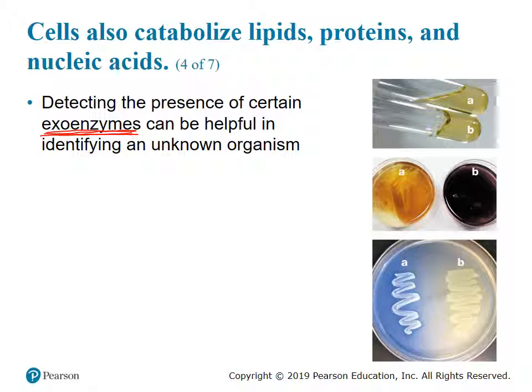We can test the exoenzymes that a certain organism, like a bacteria, will secrete into the environment. Because we can test for those, we can diagnose that this bacteria is a species of, let's say, E. coli, because it has certain types of enzymes that cause certain changes on certain media that we grow the bacteria on.